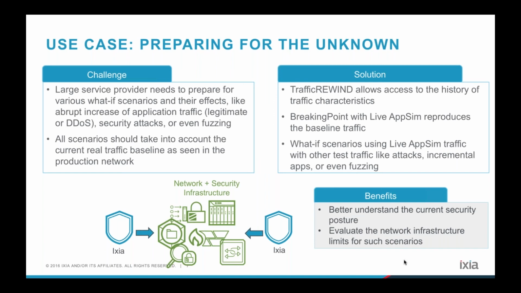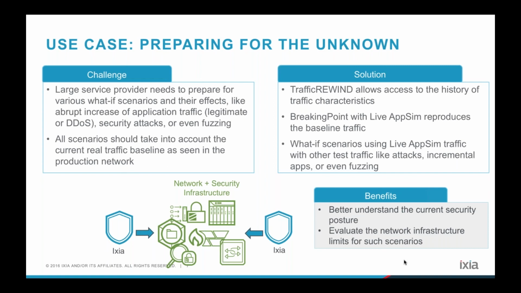In these cases, the starting point should be the baseline traffic, which again should be as close as possible to production, and then layer in additional application traffic to see how the infrastructure behaves, or even assess network security solutions by adding additional security strikes or DDoS attacks.